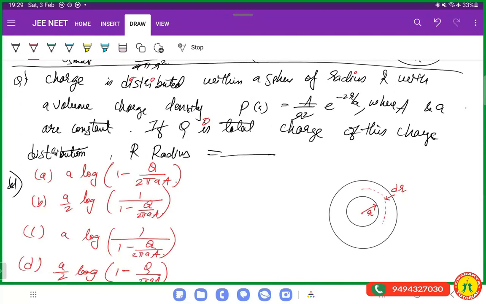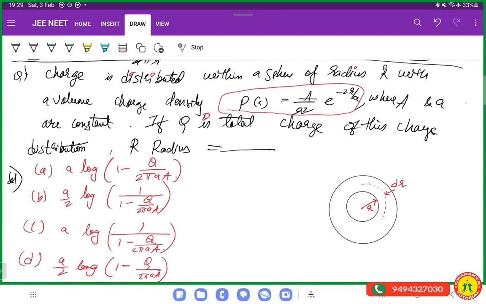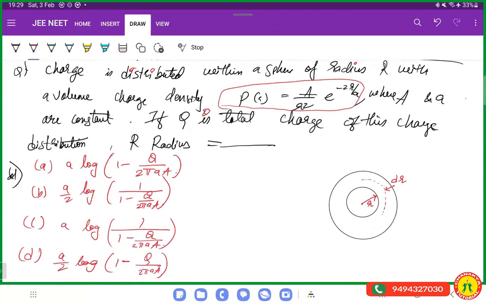So can you explain it? Sure, why not? Now, this is what: charge distributed within a sphere of radius r, where the volume charge density is given by this condition, A and a constants, Q total charge.